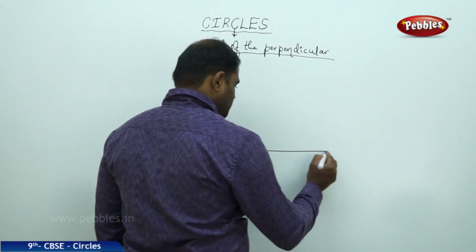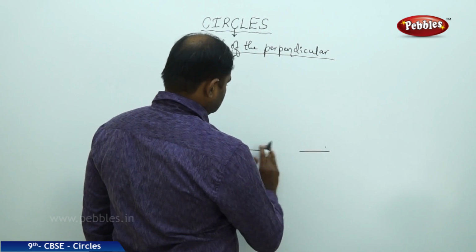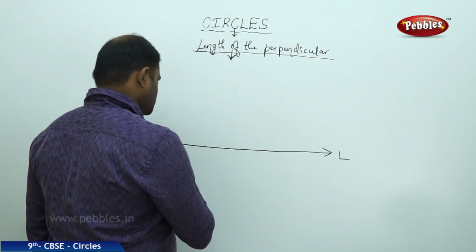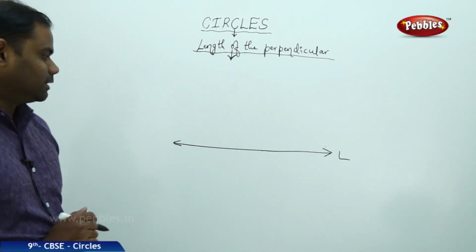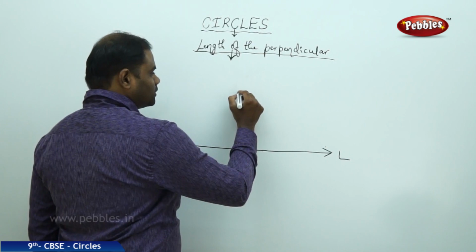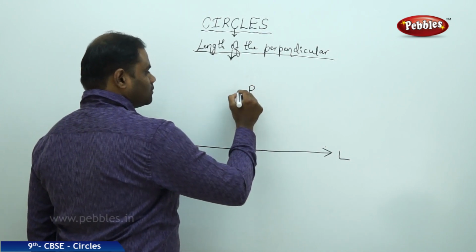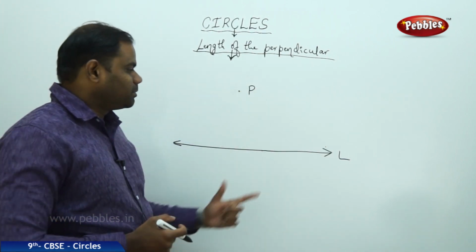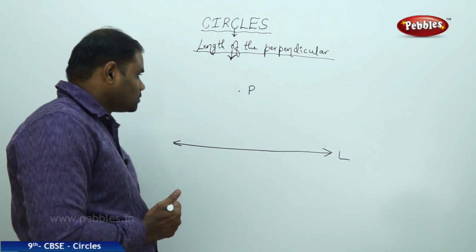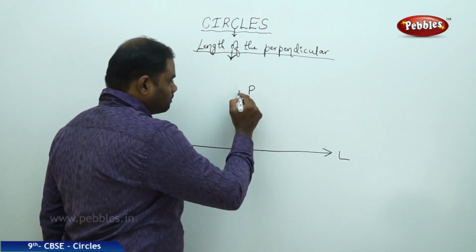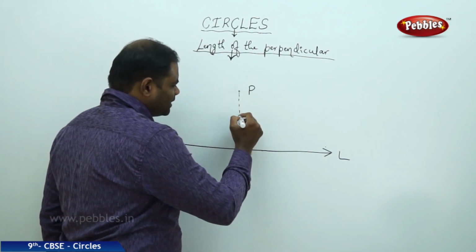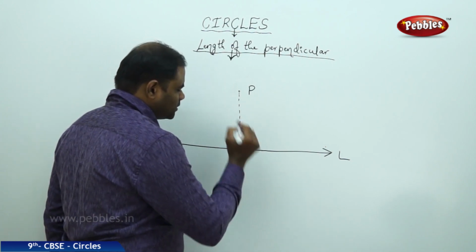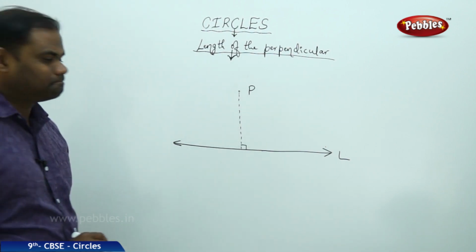Let's see how we understand length of the perpendicular through geometrical means. Imagine I take a line L. Here is a line L, and then I have a point P out here. So now I would like to define the perpendicular length from P to line L. If I drop a perpendicular from a point P up to the line L, it gets dropped straight out here, exactly perpendicular.